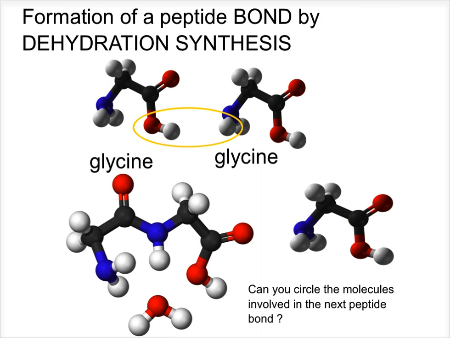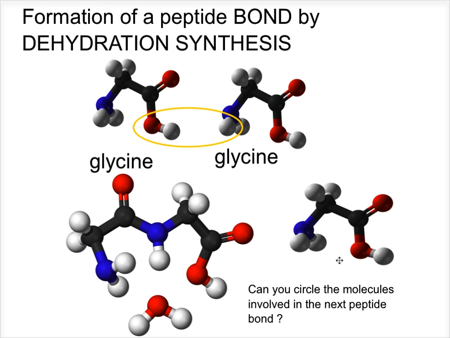When you form a peptide bond, it's by dehydration synthesis. This is showing 2 glycine amino acids, and as you can see, a water molecule is formed between these 2 parts of the amino acids, with water being given off.